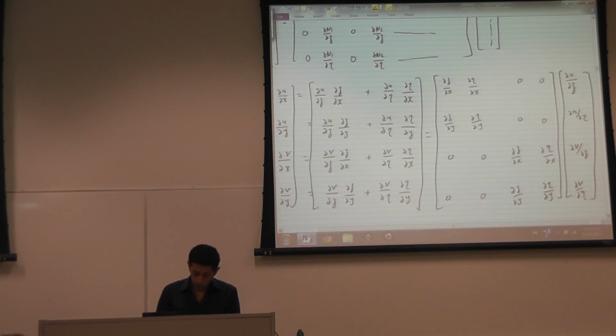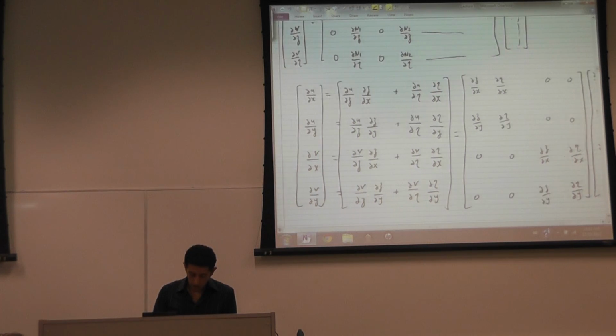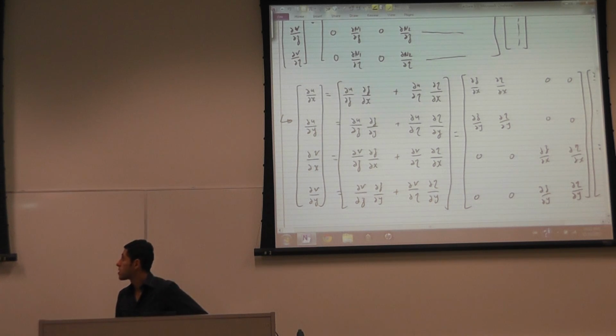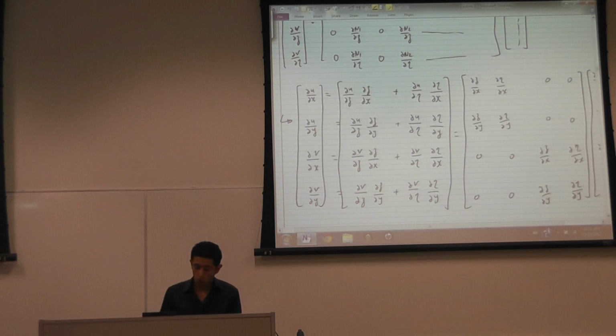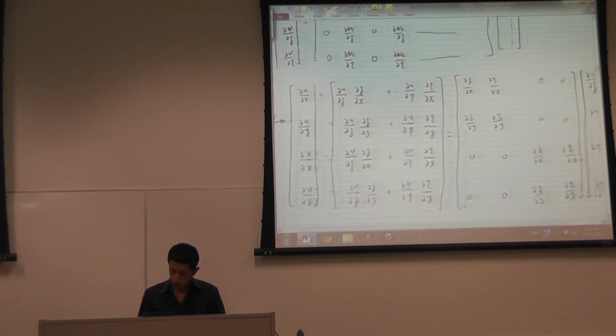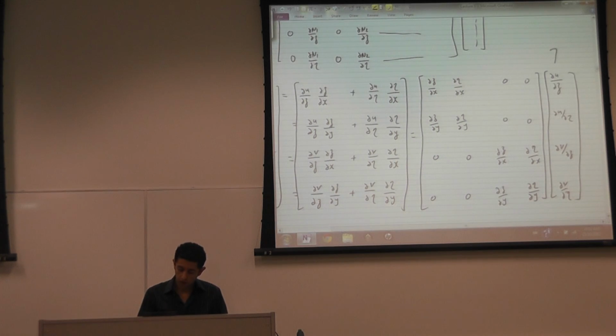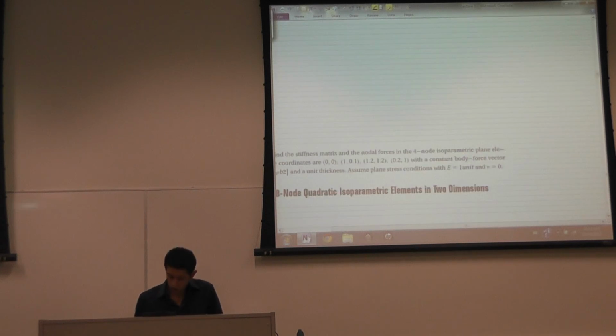So what did I do? These are the differentials with respect to the world coordinate system. These are the differentials with respect to the perfect coordinate system, the xi and eta coordinate system.